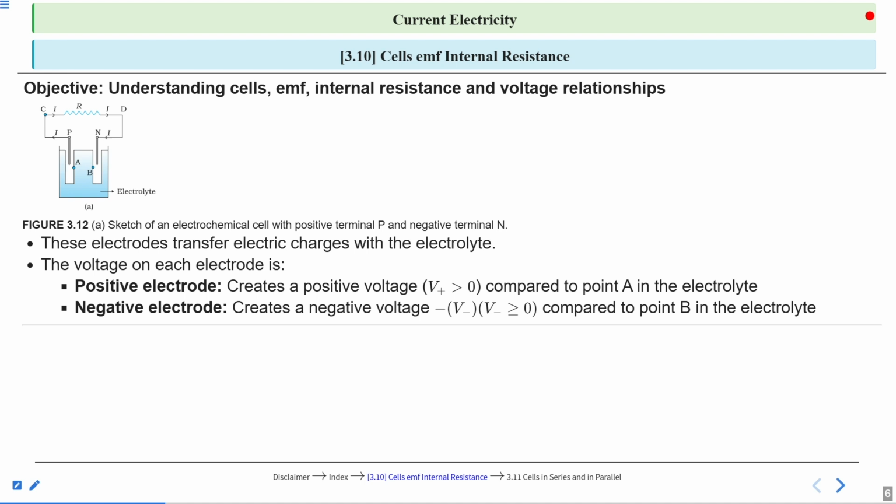Compared to point B in the electrolyte, the potential of the negative electrode is minus V negative, where the magnitude V negative is greater than or equal to 0, but with a negative sign.